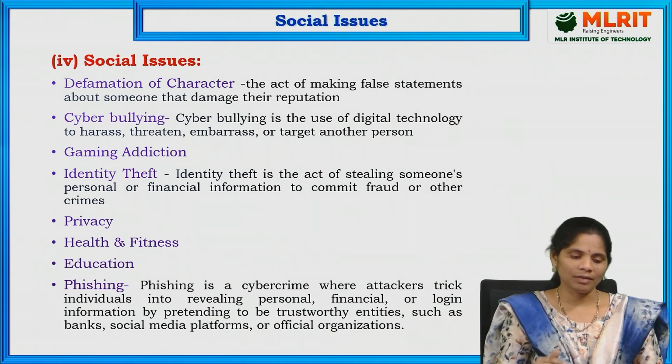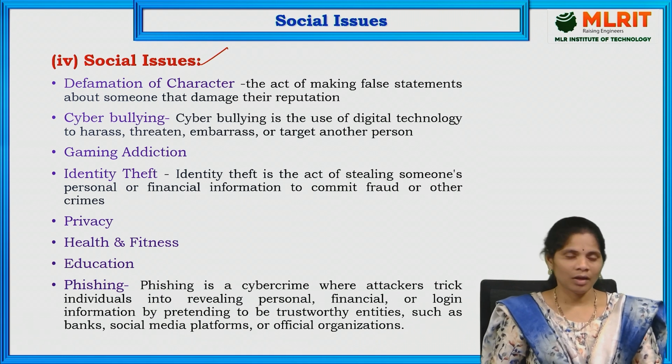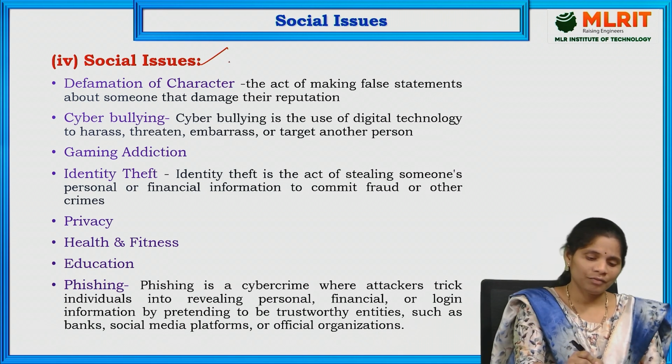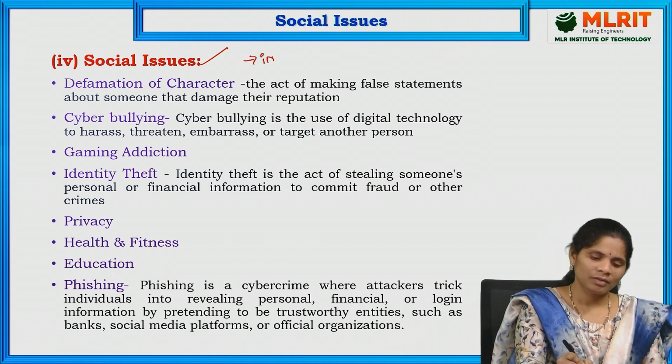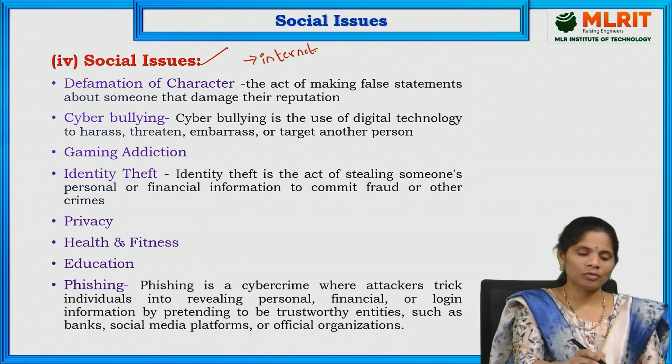And next one is social issues. This is the final application of computer networks. Social issues: everywhere, without the internet we are doing nothing; every technology is connected to the internet. So there are some social issues also.